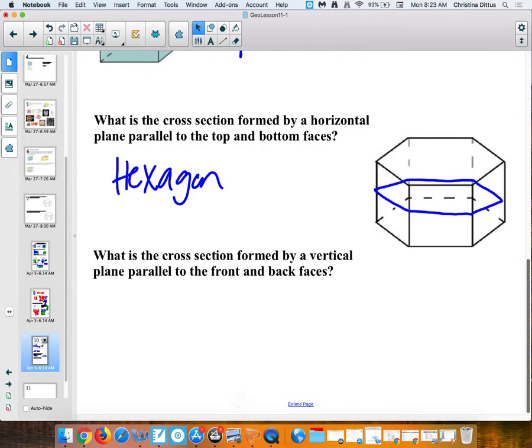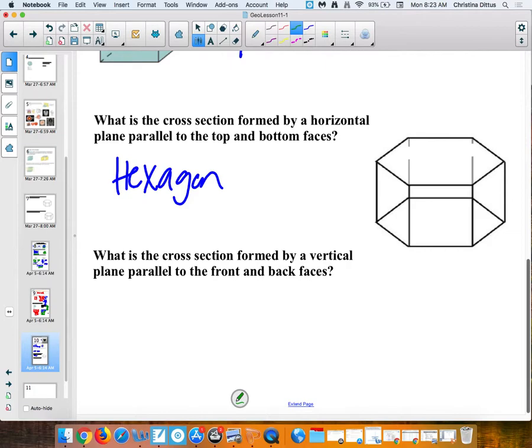And same shape, but this time we have a vertical plane parallel to the front and back. So parallel to my front and back. I'll erase this one. Well, why don't you draw it?